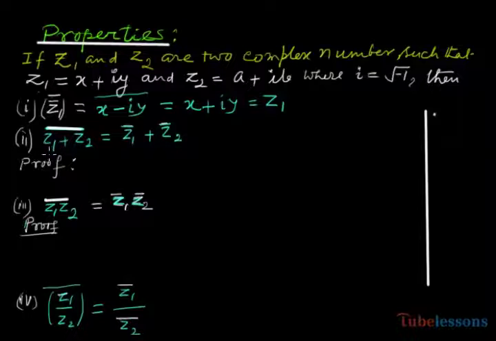Next property: the conjugate of Z1 plus Z2 is equal to Z1 bar plus Z2 bar. As we have taken Z1 is x plus iy and Z2 is a plus ib, first we write Z1 plus Z2, which is x plus iy plus a plus ib.